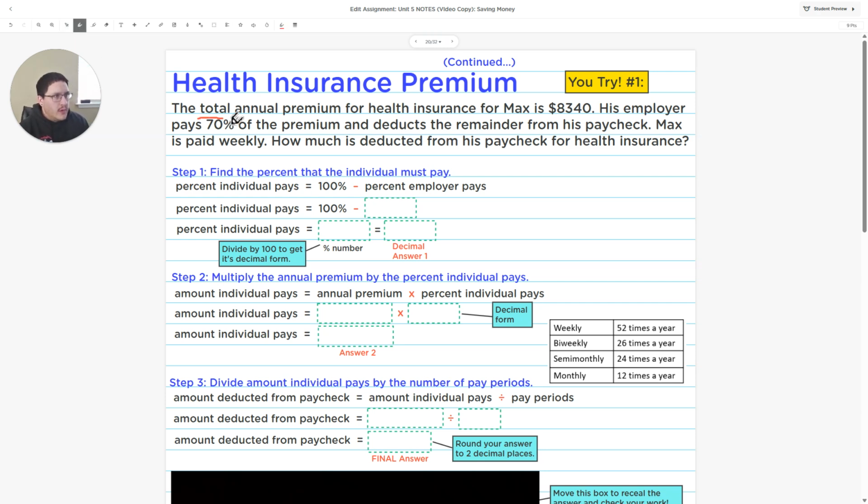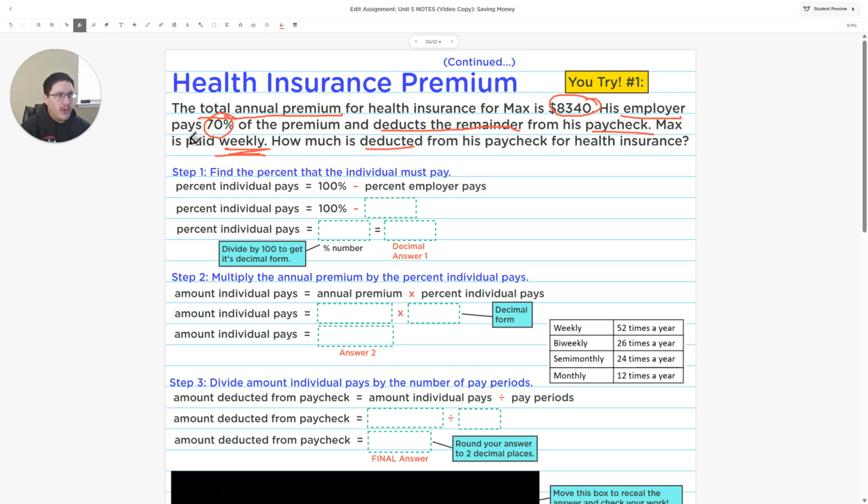So his total annual premium is $8,340. 70% is paid by the employer, and we will deduct the remainder from his paycheck. Max is paid weekly. How much is deducted from his paycheck for the health insurance? So first step, we need to figure out how much Max is paying for health insurance.